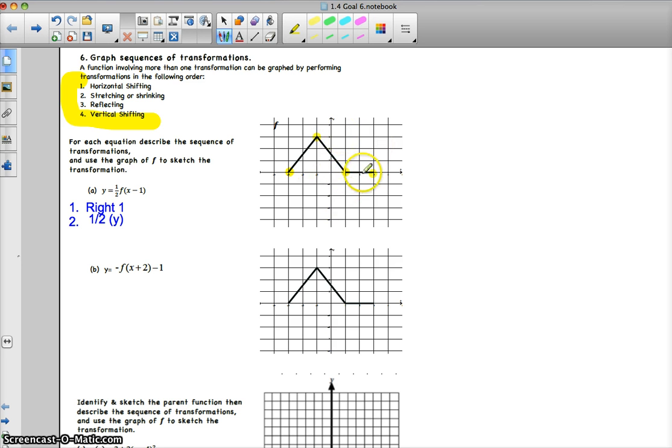And these are the points that I'm going to move for my transformation. So purple will be the final point. I'll begin by moving this ordered pair right 1, and then I will multiply its y coordinate by 1/2. The y coordinate is 0, and 0 times 1/2 is 0. I perform 2 transformations with that point.